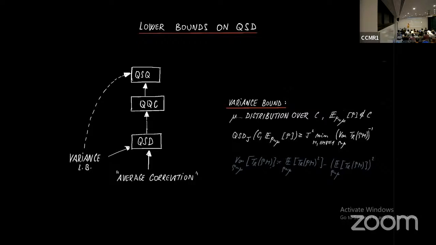You take a distribution over your concepts, where rho corresponds to the target concept, and you choose the distribution such that the average itself isn't in the concept class. Then you bound the variance over that, and there's a nice lower bound that follows.